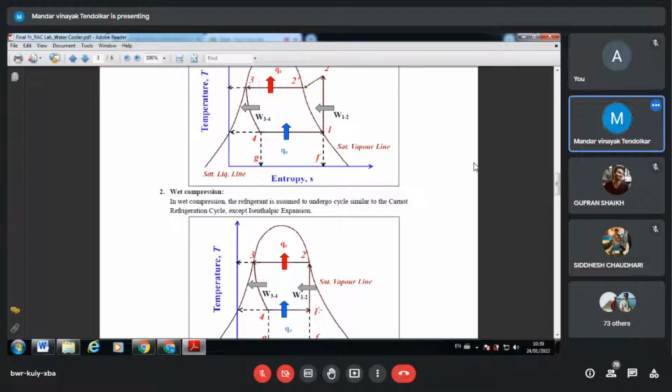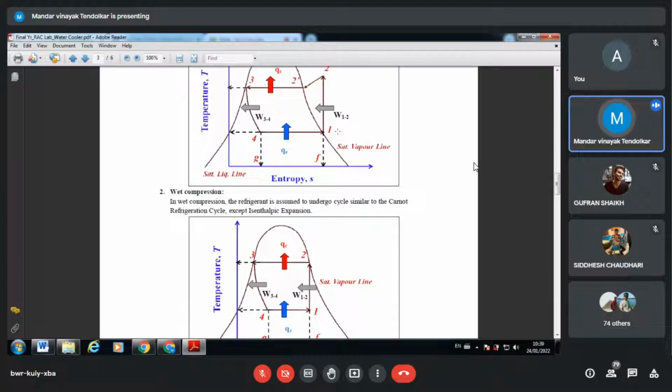Fine. If my practical COP value is lesser than 2, let's say 1.5, then I will say my compression starts over here and the entire process is in the wet zone. Do you agree? Yes, sir. And if my COP is greater than 4, let's say 5, then it is a superheated compression, even beyond this. Do you agree? Yes, sir. Fine.